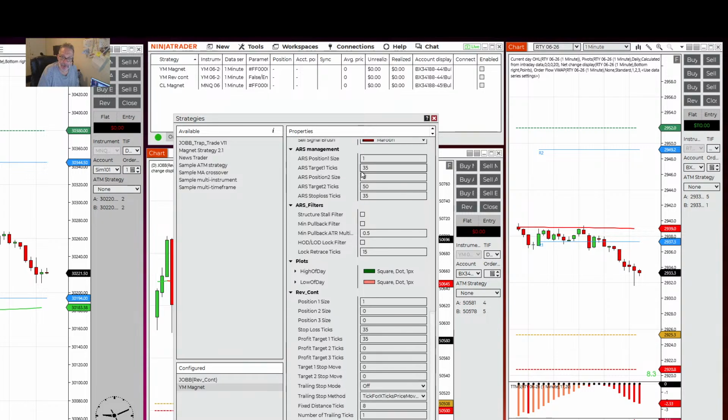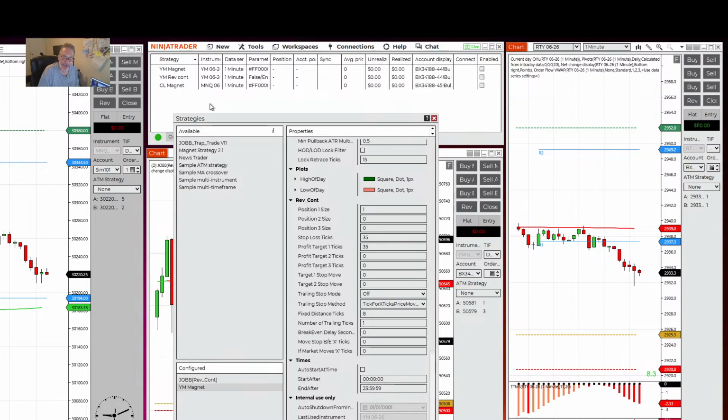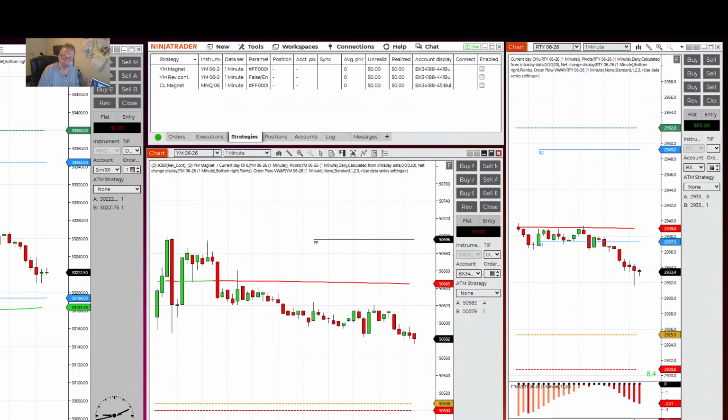And I'm not programming the buttons at the moment because we have a reverse continue on the chart. We can use that for any of the scalping at the moment. So label it YM magnet, choose the correct account you're going to trade it on, apply it and OK it.